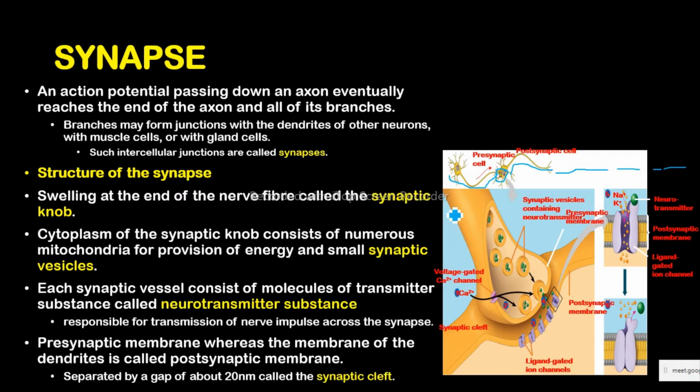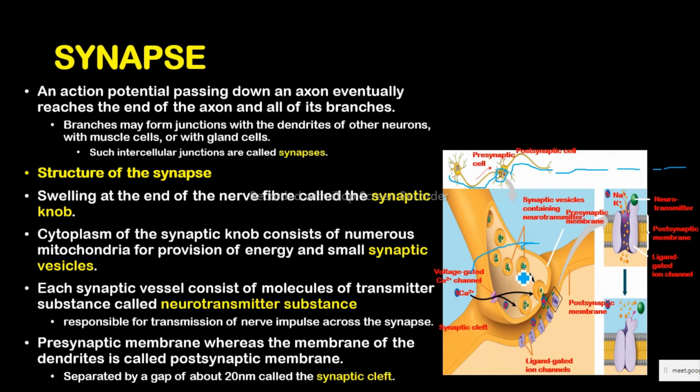Here we shall see a swelling, and this swelling is called a presynaptic knob. Knob means a swelling. Inside that swelling, you have some sacs called vesicles, and these sacs contain a neurotransmitter substance.